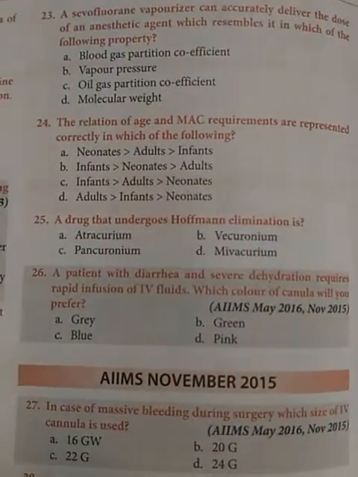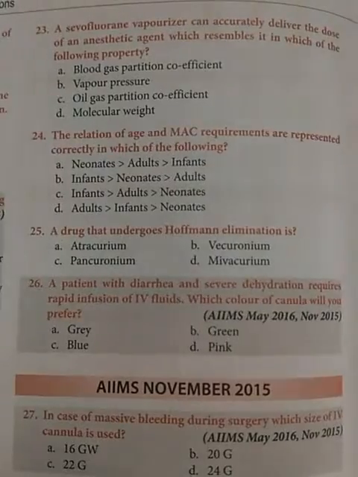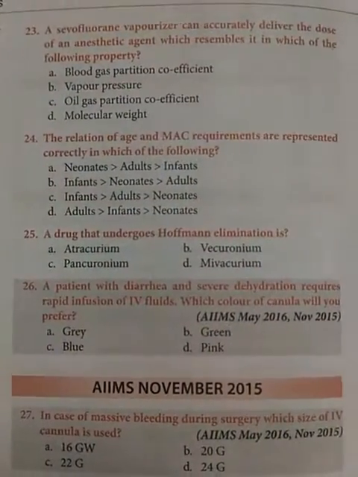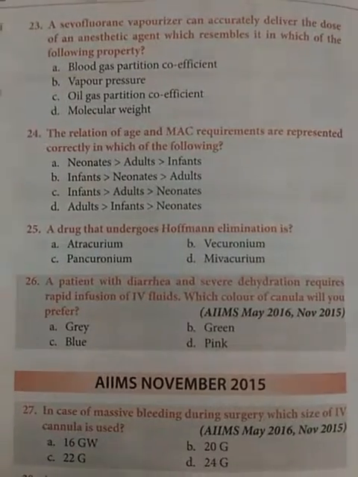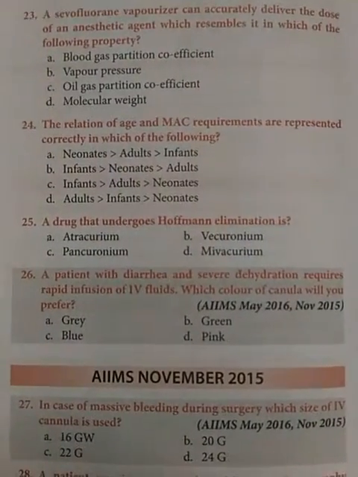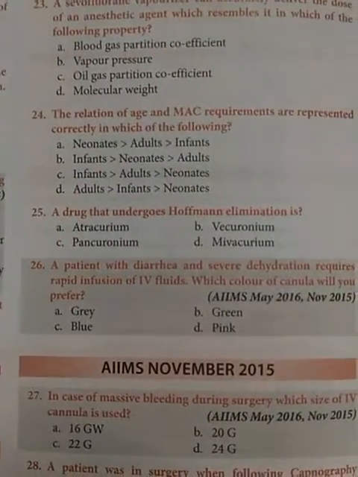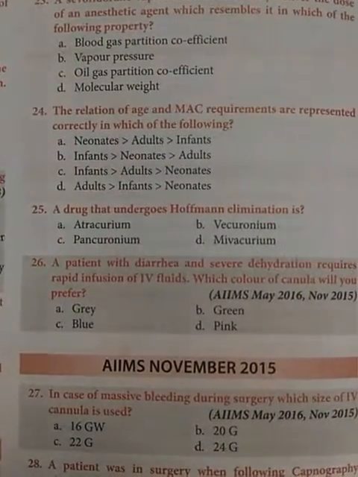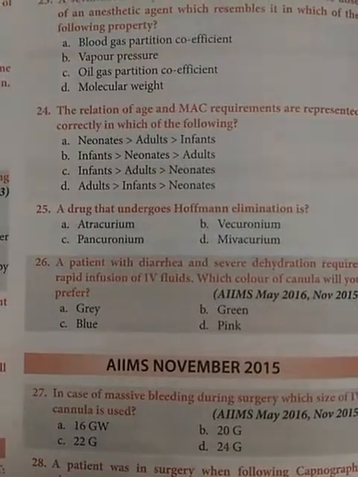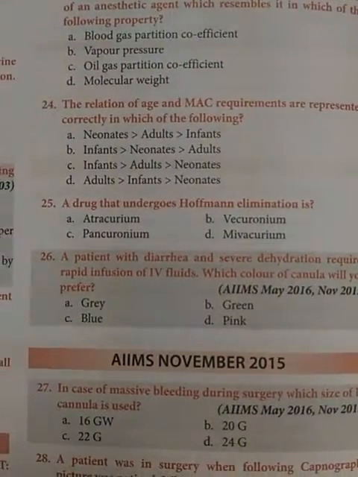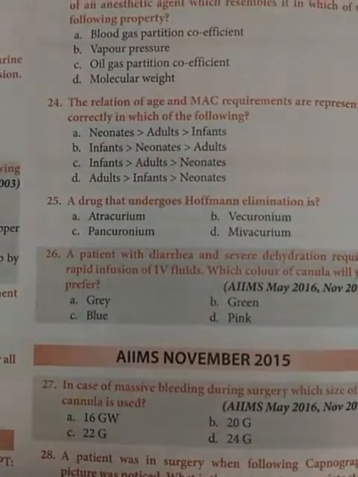Next question, the sevoflurane vaporizer can accurately deliver the dose of an anesthetic agent which resembles it in which category? It's vapor pressure. Next question, the relation of age. As the age advances, the required MAC decreases. So the option of neonate, infant and adult. It's B.